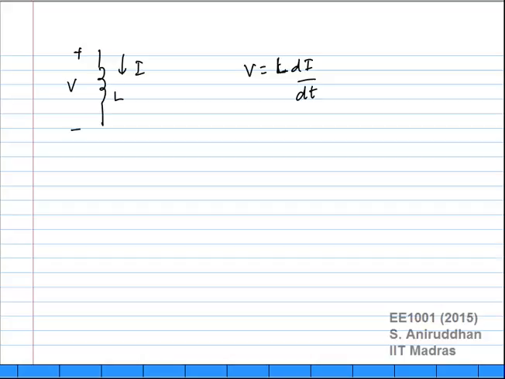That is actually an integral relationship, right? What does an integral relationship mean? That is the basic definition of an integral. But what that means is, I is 1 by L integral of V dt, right?